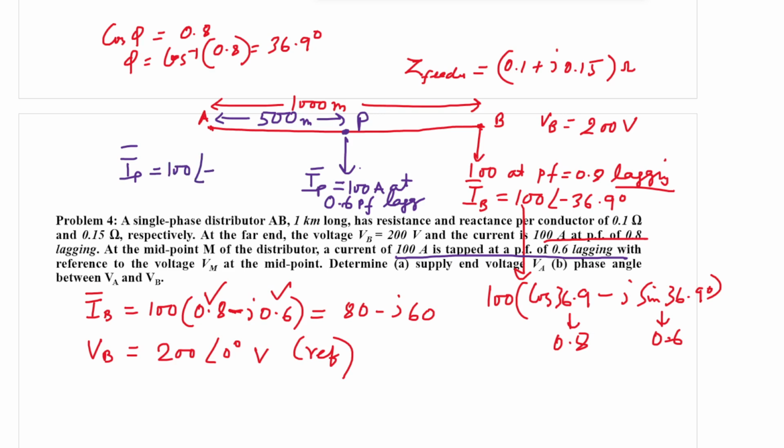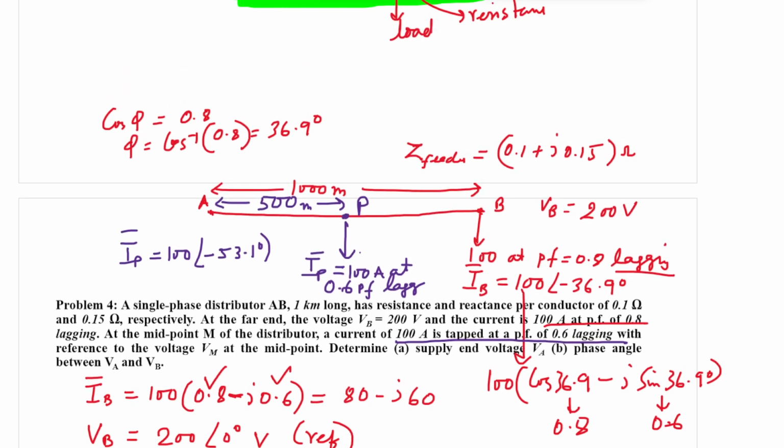So we can say IP is equal to 100 at an angle of minus 53.1 degree. Why? Because cos phi is equal to 0.6, the power factor given here. If you evaluate phi equal to cos inverse 0.6, it gives a value of 53.1 degree.